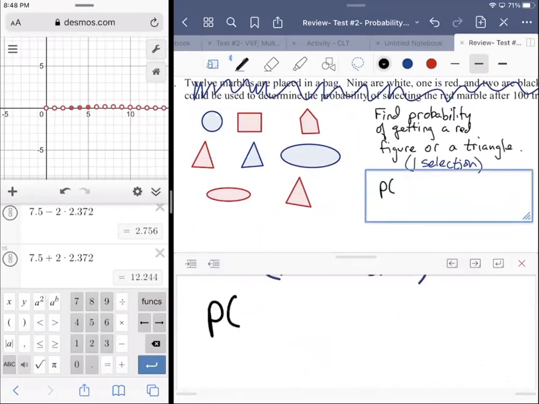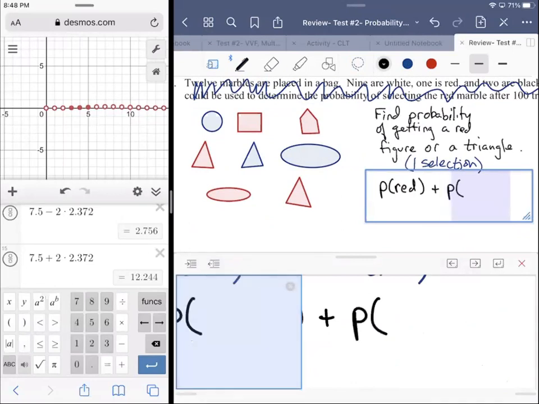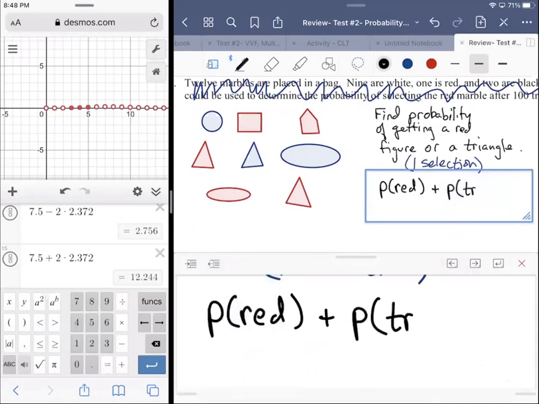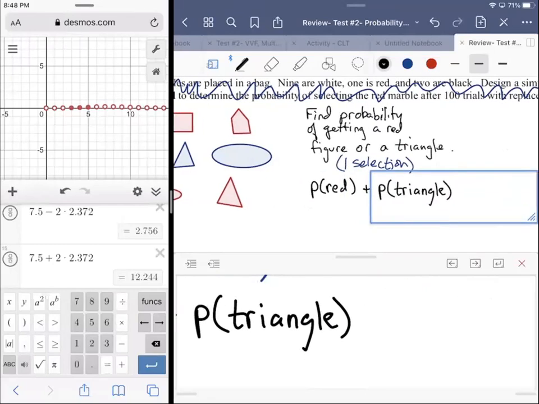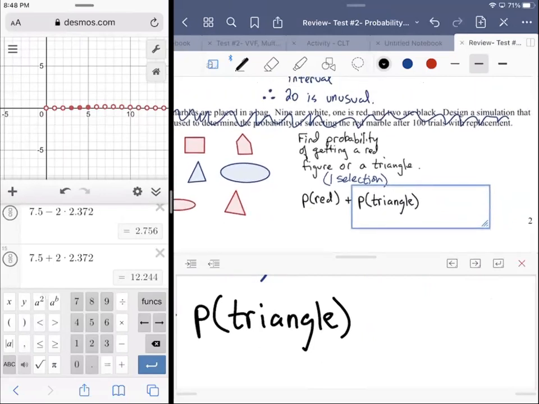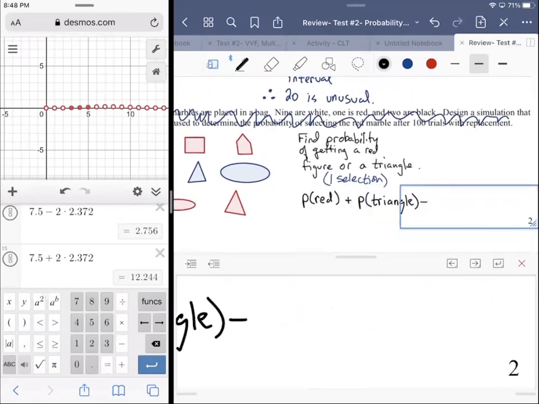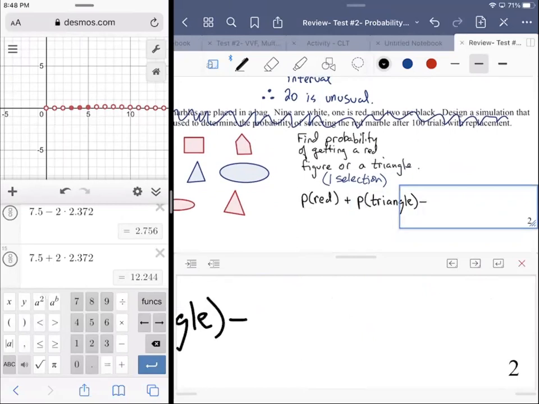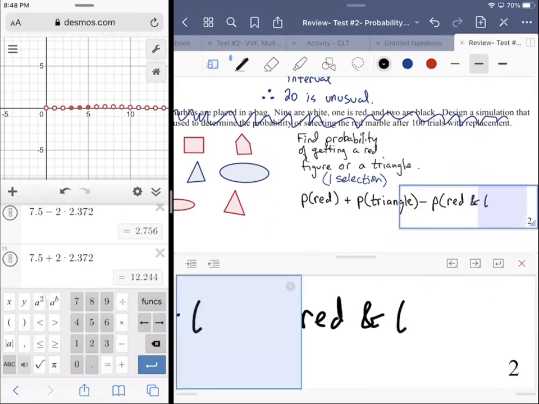The probability of red plus the probability of a triangle, but then I'd be looking to subtract off, this is one of the ways that we did it when we learned how to do it, the probability of being red and a triangle.